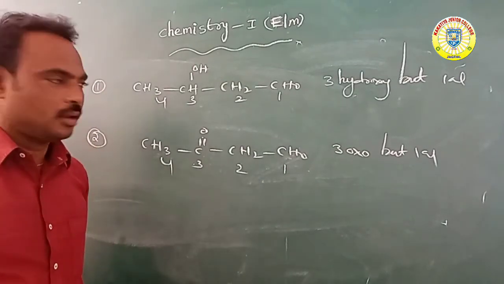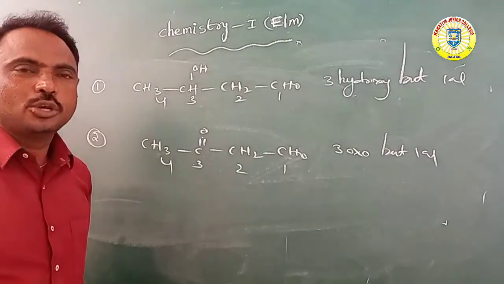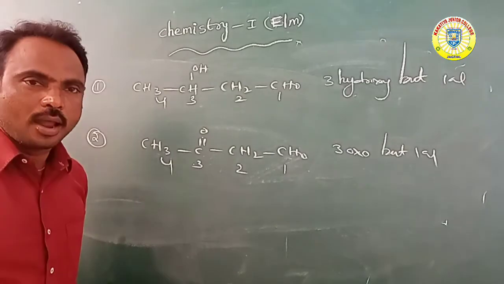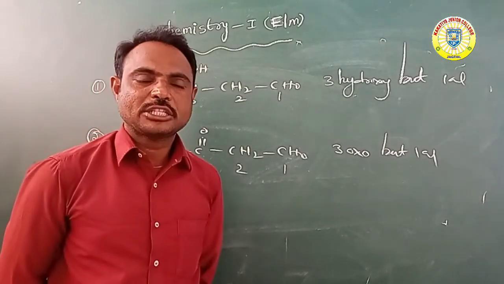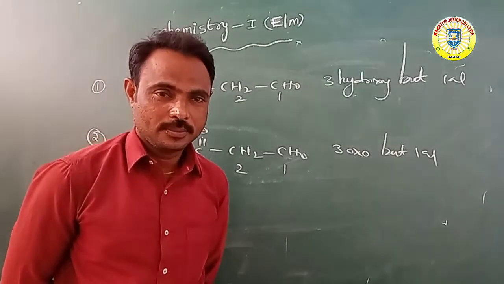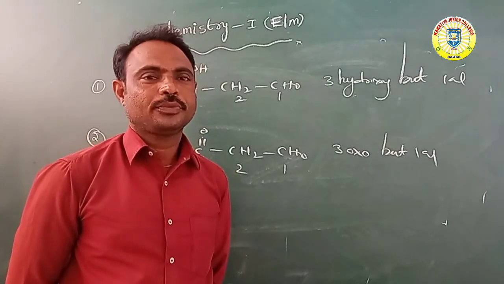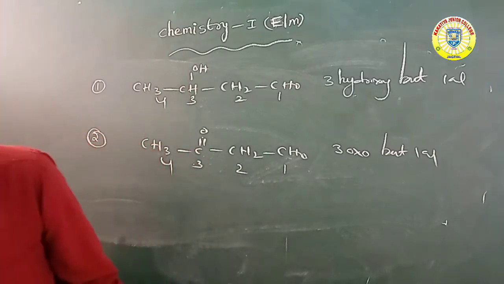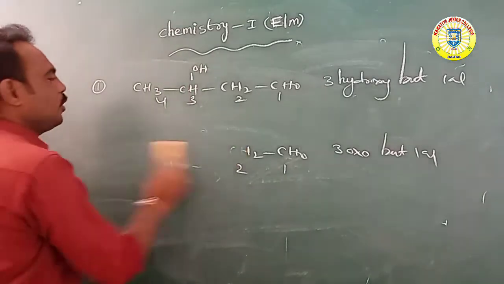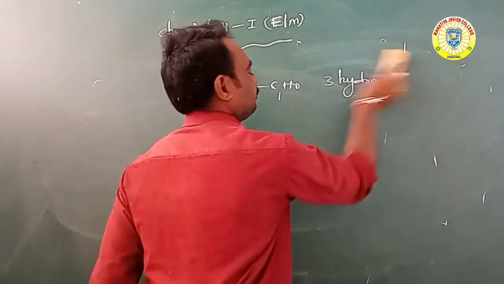So overall 3-oxobutanal. Okay, al means the aldehyde functional group. Next, we will take some more examples.